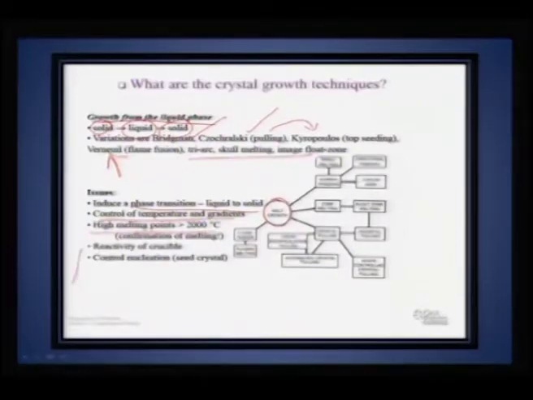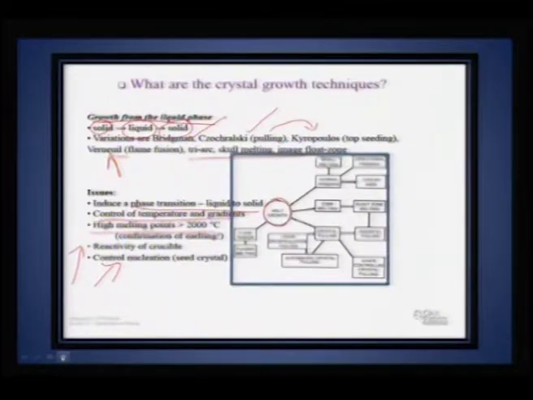Another important issue is that when you are taking a solid to a liquid, you need a container which will not react with your material, and therefore the reactivity of the crucible, or the crucible design and material issues, become a very crucial point, and then the control of nucleation, all this becomes important.